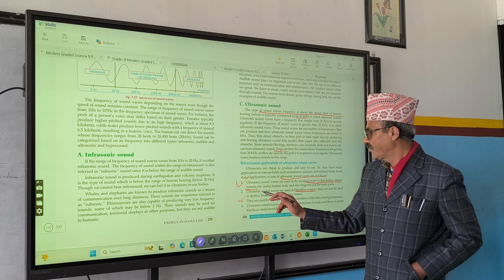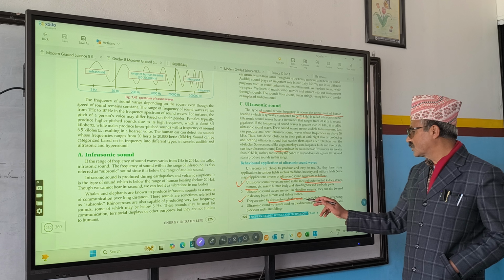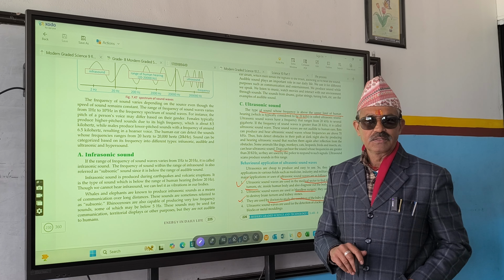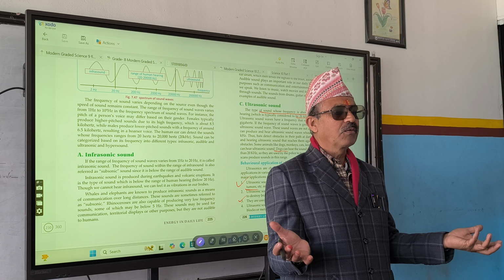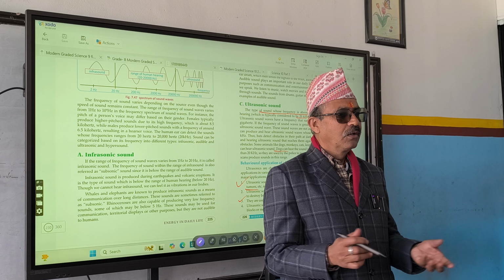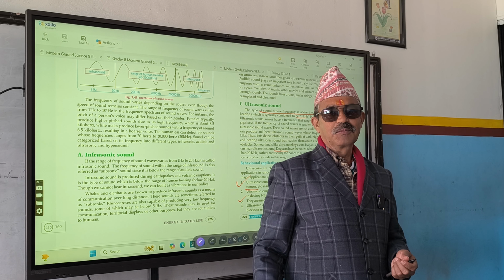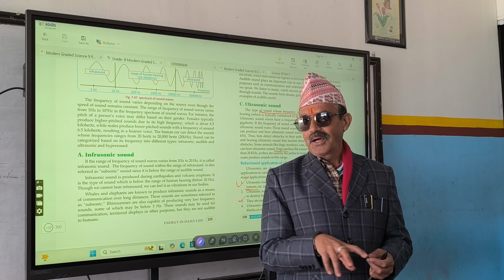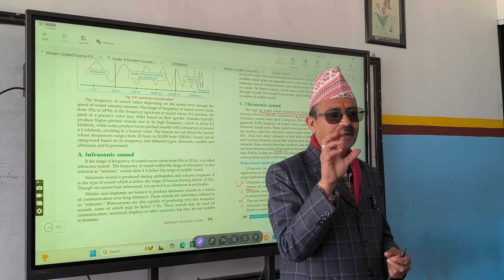Third one, they are used by doctors to study the condition of the baby during pregnancy. A pregnant lady may contain one or two or three or four children, we don't know. To know, doctors use an ultrasound machine and say, oh baby boy, oh baby girl, looks like a doll.